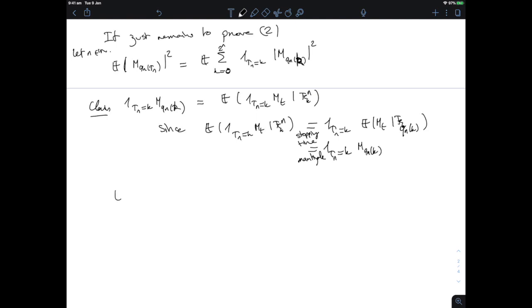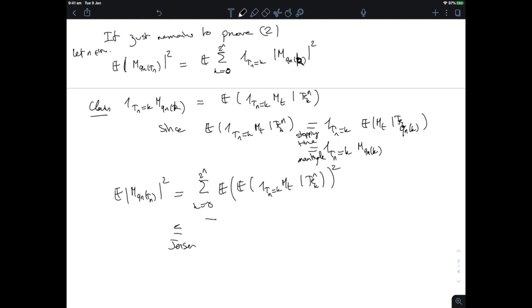Very good. So really this L2 norm squared that I'm trying to compute is a sum, k equals 0 to 2^n, of the expectation of a conditional expectation when τ_n is k of M_t given F_k^n. Sorry, I forgot to square that. And then once I've squared that, I can use Jensen to get the square inside, because the map x goes to x squared is convex.